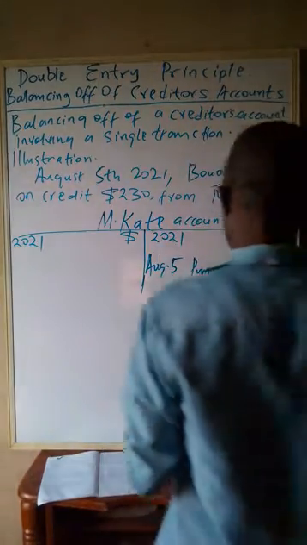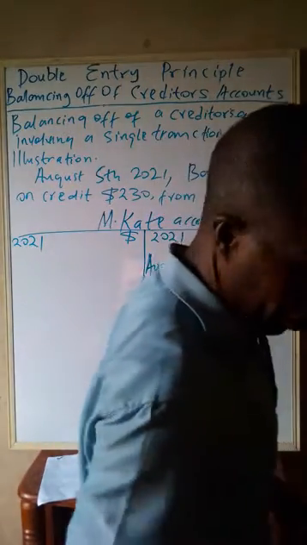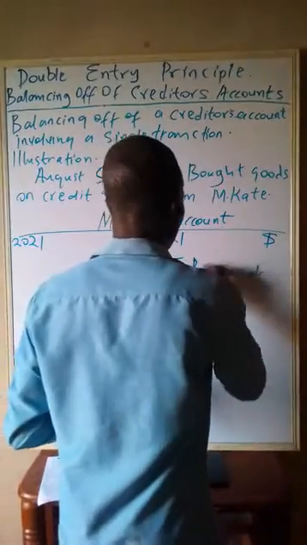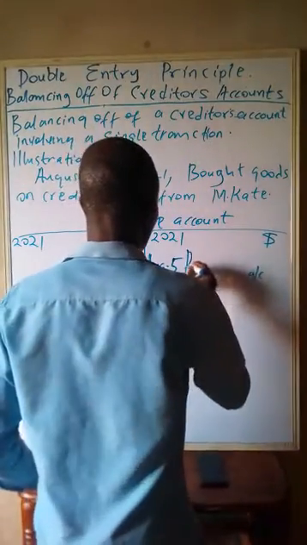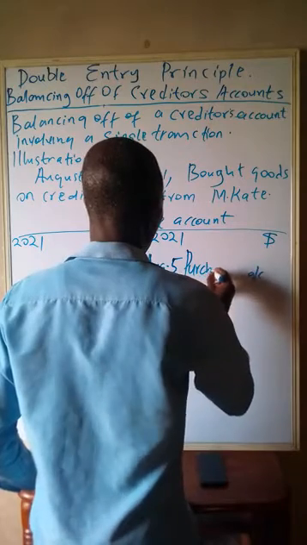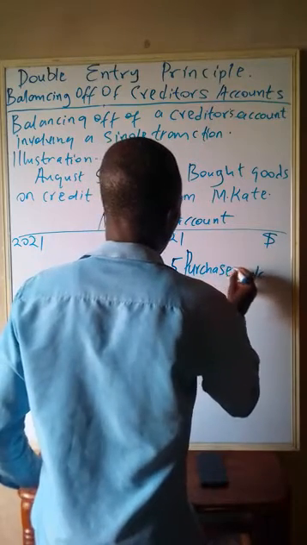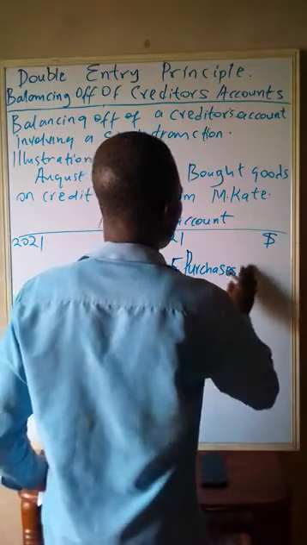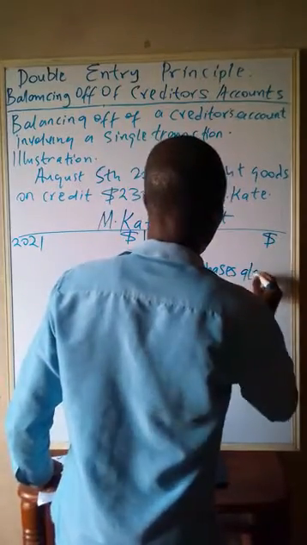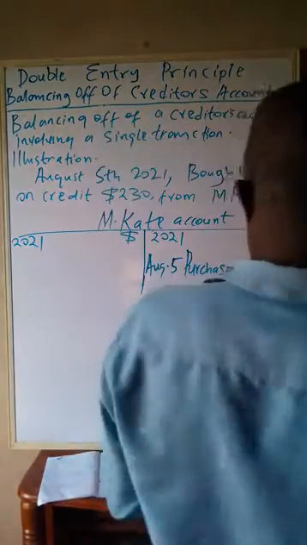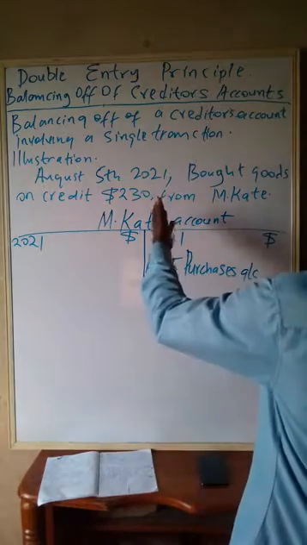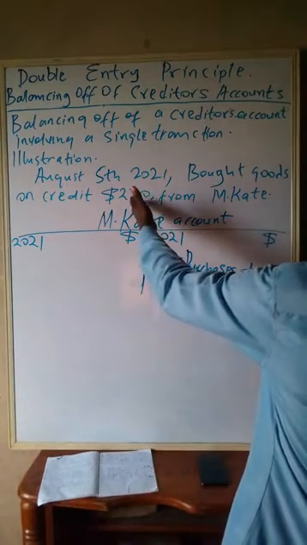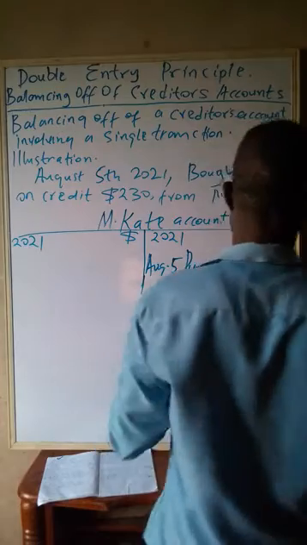We are buying from MKT, so this transaction is coming from purchases. The corresponding entry of the MKT account is the purchases account. How much is the amount of the goods bought from him? 230.